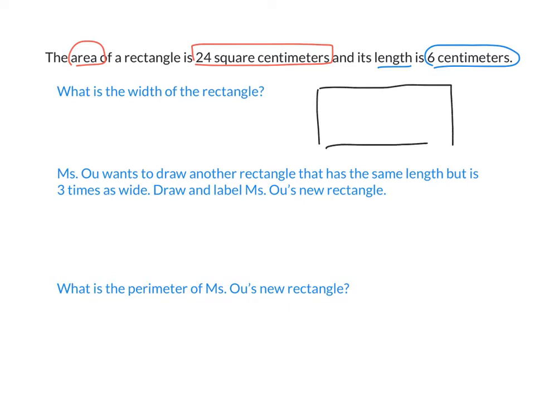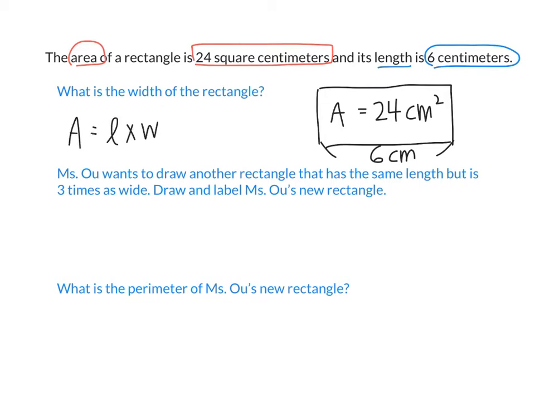We know that the length is 6 centimeters. We don't know the width, but we do know that the area is 24 square centimeters. Well, we know that the area is equal to the length times the width.